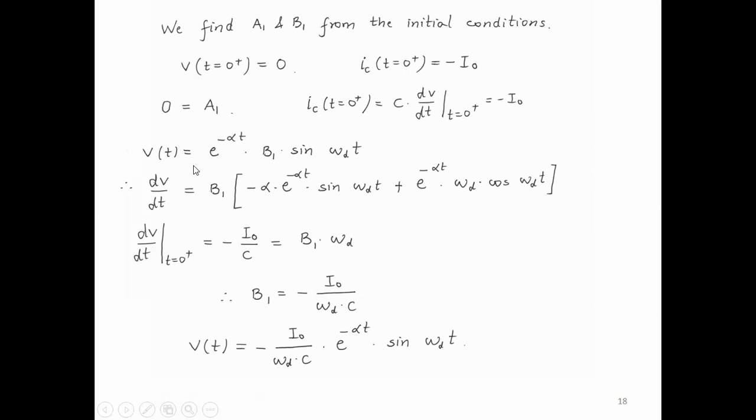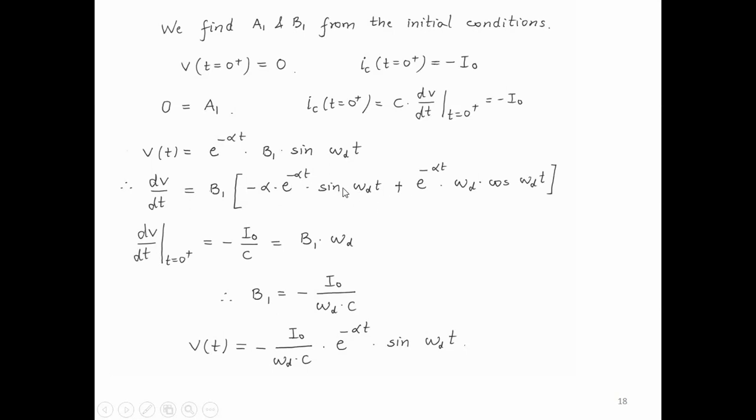So we say, without A1 we can write V of t as e raised to minus alpha t, B1 sin omega_d t. Then we say dV/dt at t equal to 0 is equal to minus I0 by C. So we differentiate this and put t equal to 0. Alright, so we differentiate this, we get this, sine, cosine, e raised to minus alpha t, all that, at t equal to 0.